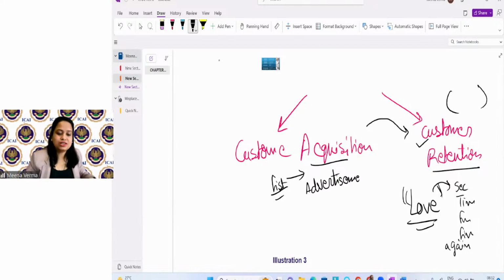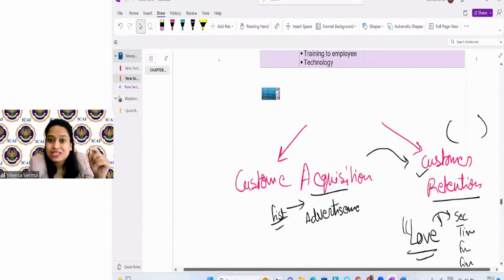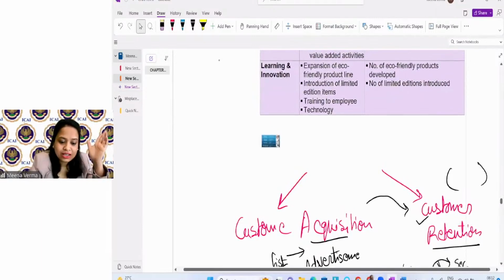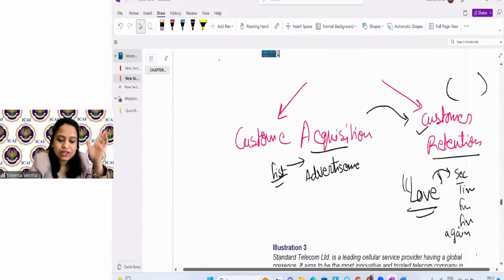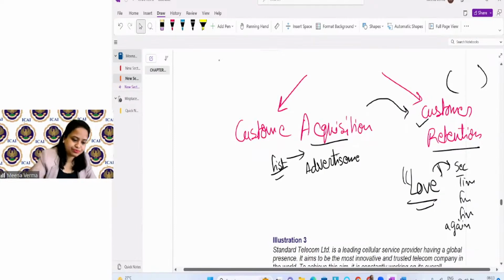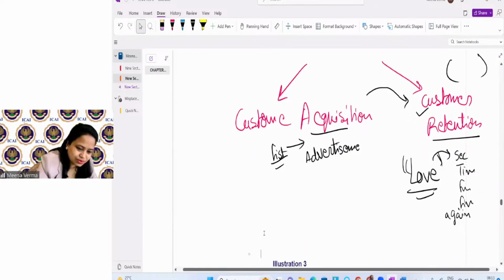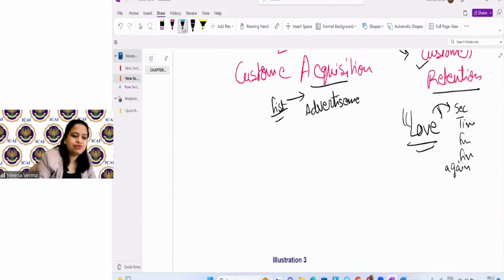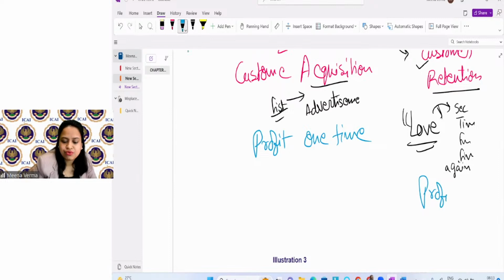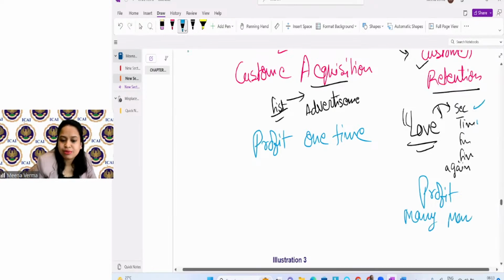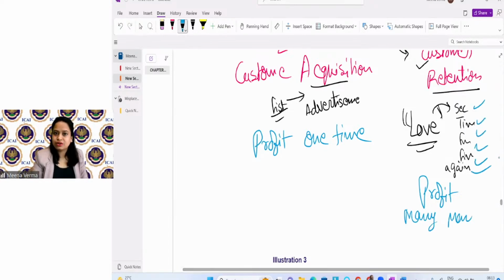Right? So the point is that we want to increase the customer retention, because see, customer acquisition will give you profit for one time. Right? But retention will give you profit many times. है ना? Profit बार-बार हो रहा है ना, बार-बार he is buying, बार-बार you will get the profit.